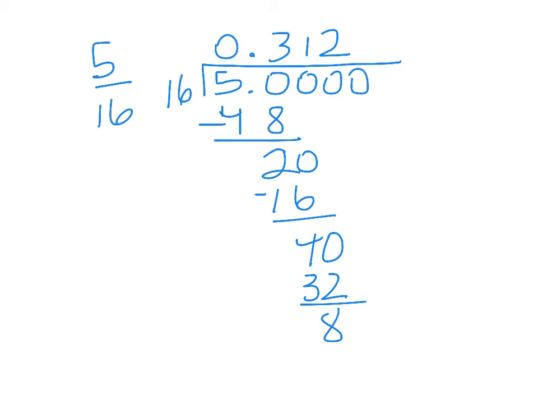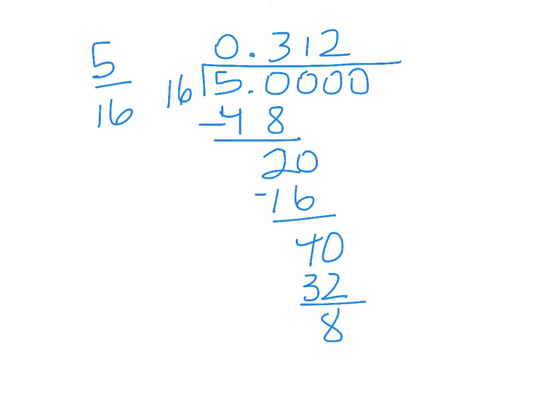Bring down that 0. And let's see, 80 is double 40, so if I double 2, I get 4. Let's try that. And that is 64. And when I subtract that, I get 16. Ooh, there's one more.